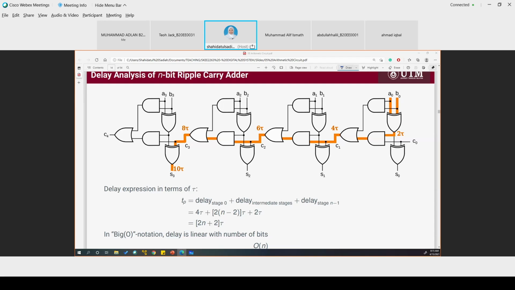Okay. Let's recall what we did in the last class. In the last class, we learned about the delay in the ripple carry adder.